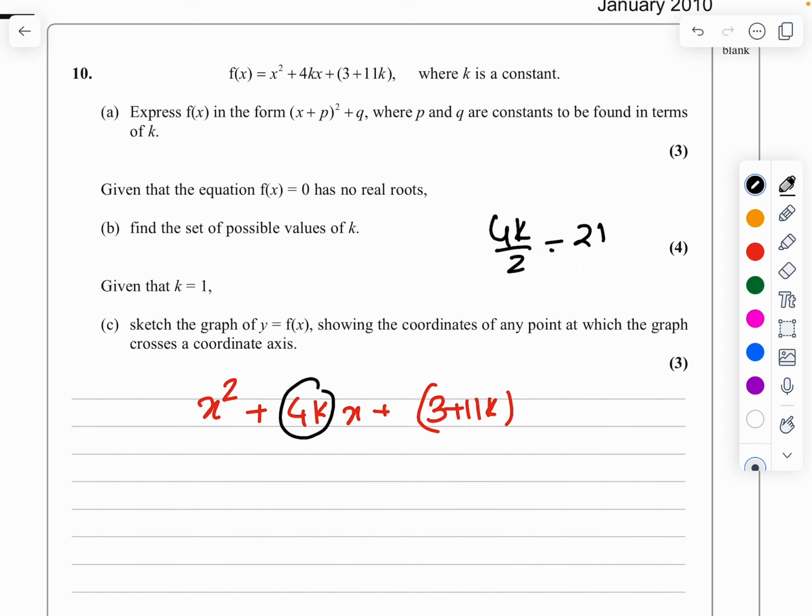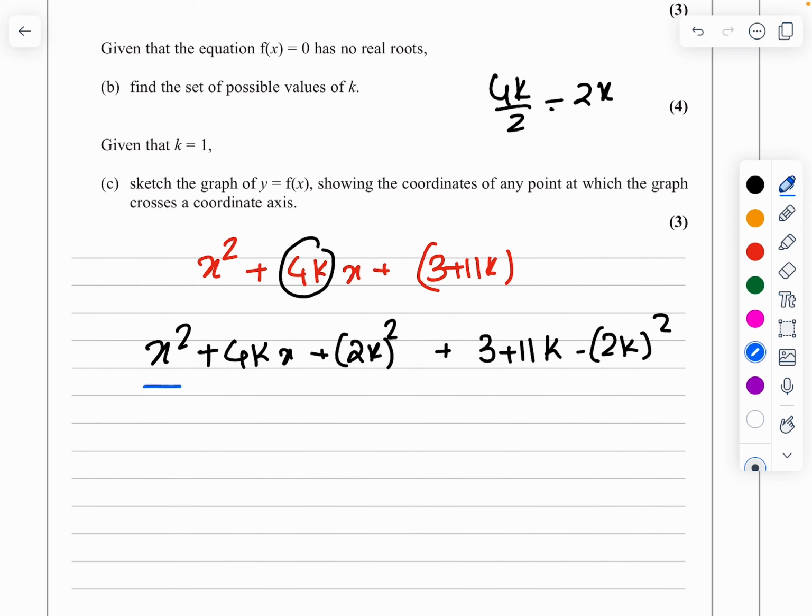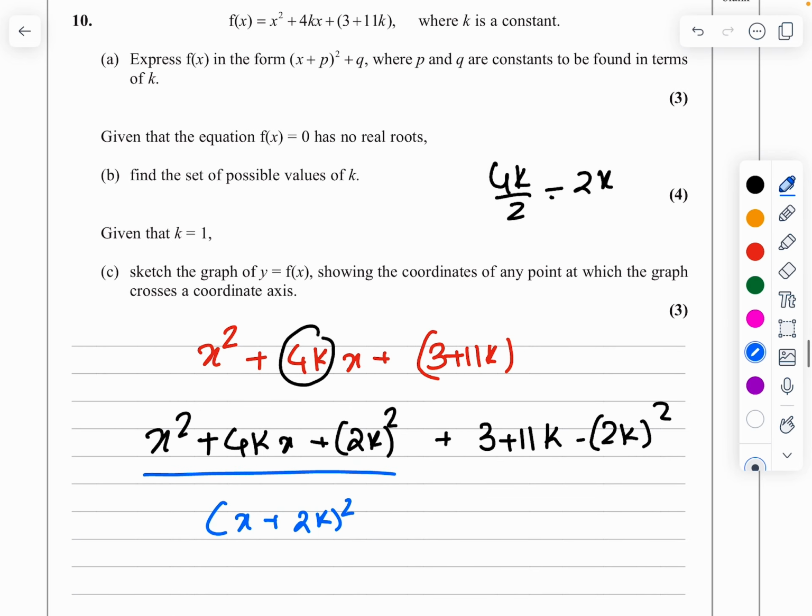So add 2k whole square, subtract 2k whole square. x square plus 4kx plus 2k whole square plus 3 plus 11k minus 2k whole square. So these three will become x plus 2k whole square, then plus 3 plus 11k minus 4k square.